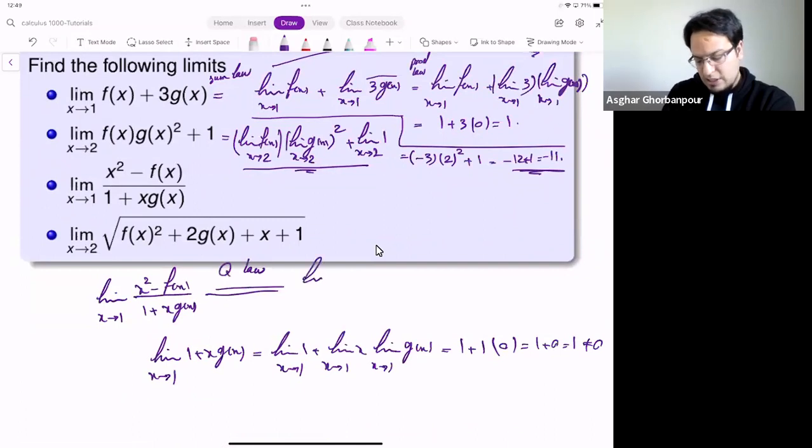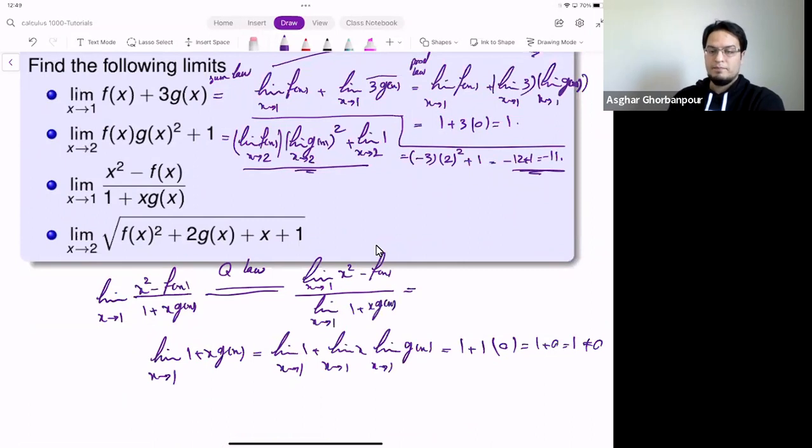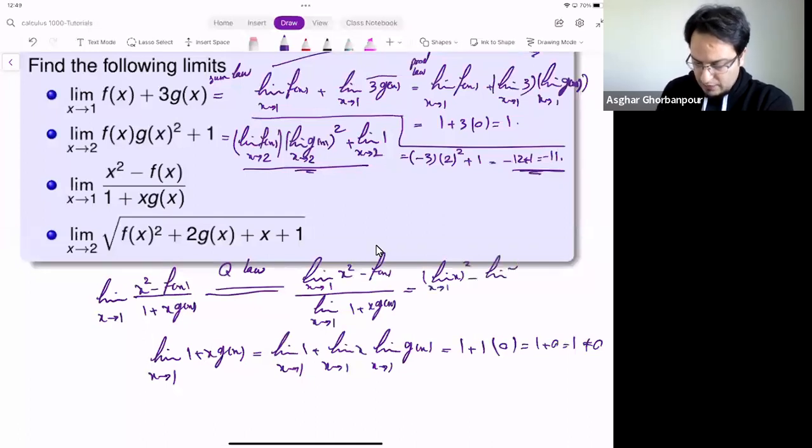The quotient law says to just compute the limit of the numerator and compute the limit of the denominator, and then divide them. So in this case, this will be the limit of x squared as x goes to 1, minus the limit of f(x) as x goes to 1.